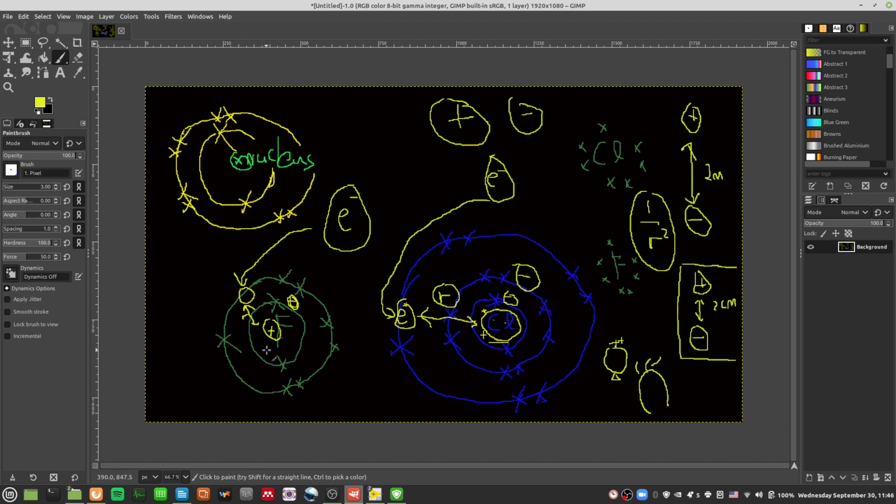So for fluorine, the nucleus is actually closer to the outermost electron, the extra electron that comes in. So the negative charge is closer to the positive charge. It is one shell away, rather than over here where it is two shells away.